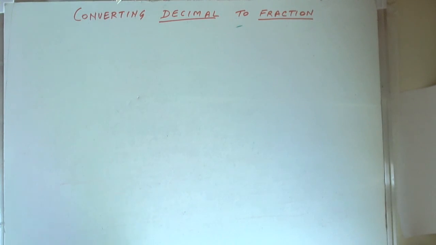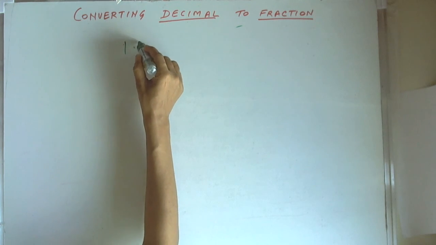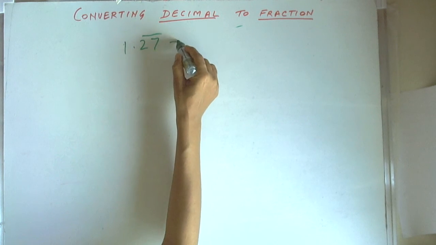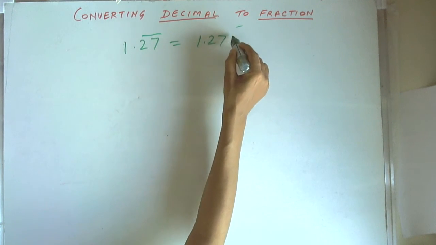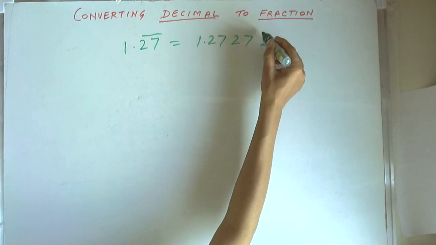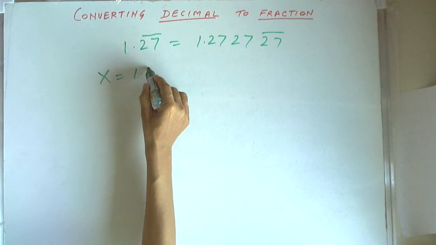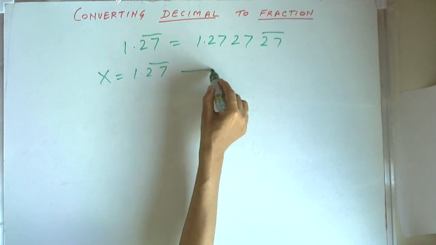So let's take x. We have to convert this 1.27 bar, which means 1.272727 like this. So the first step, x is equal to 1.27 bar. So this is number 1.